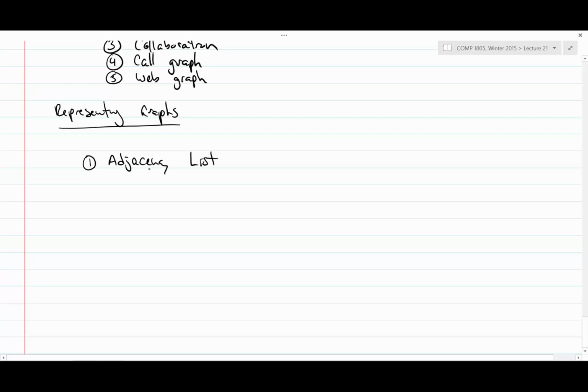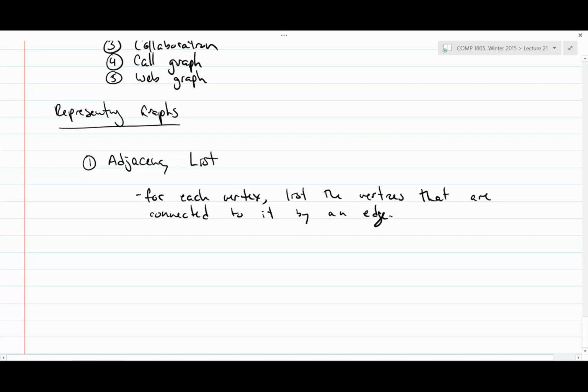The way an adjacency list works is that for every vertex in your graph, you list the vertices that are connected to that vertex by an edge. That's it. Those vertices that are connected to a vertex by an edge, we call adjacent to the initial vertex, beside the initial vertex.